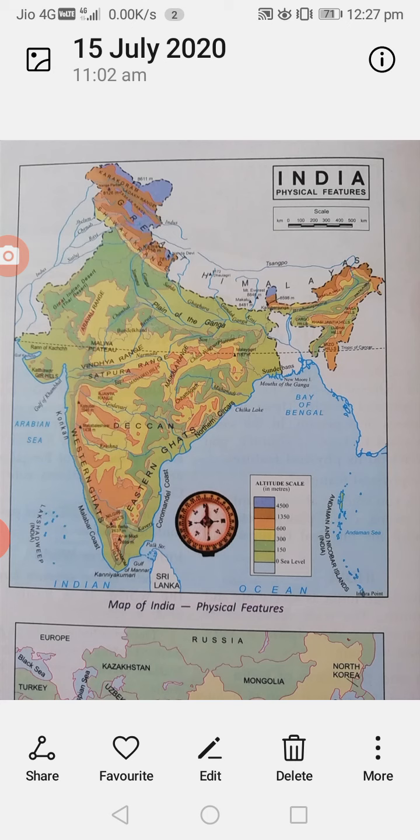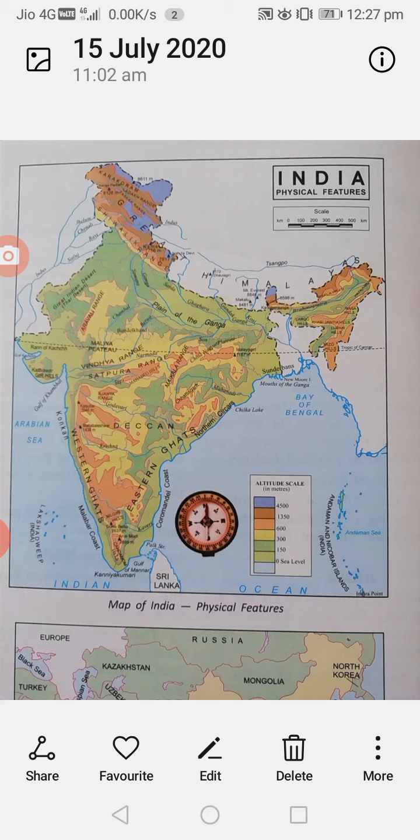See at the top, Himalayas is written here. Aravali range in the Rajasthan part, plain of the Ganga in the Uttar Pradesh part, Satpura range in the middle of India. Deccan is in the Madhya Pradesh region, Eastern Ghats in Andhra Pradesh state.